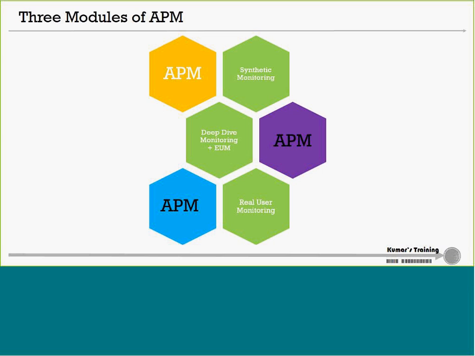We have three types of modules here. One is synthetic monitoring, which is very much in our scope today for the training. The second one is deep dive monitoring plus end user management. And the third one is real user monitoring. These are the three different modules that APM has today.